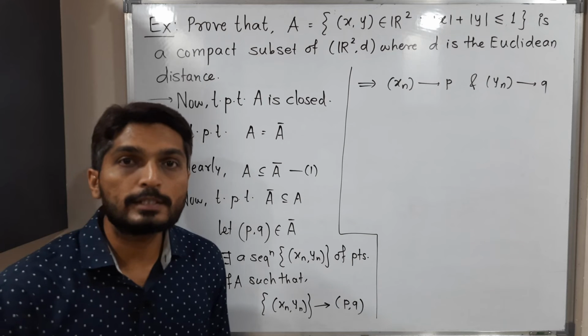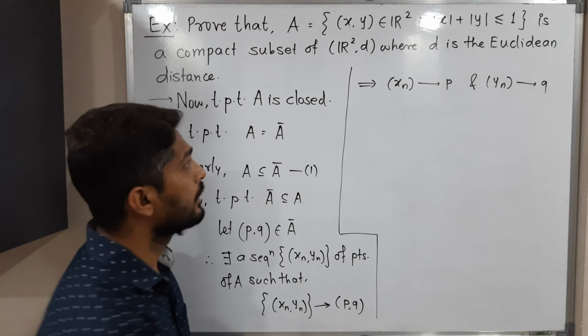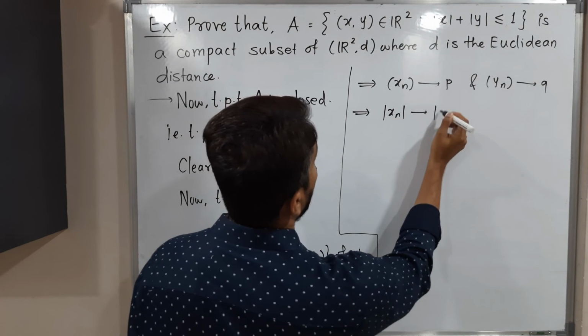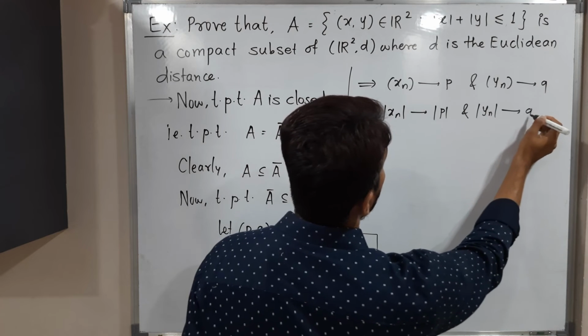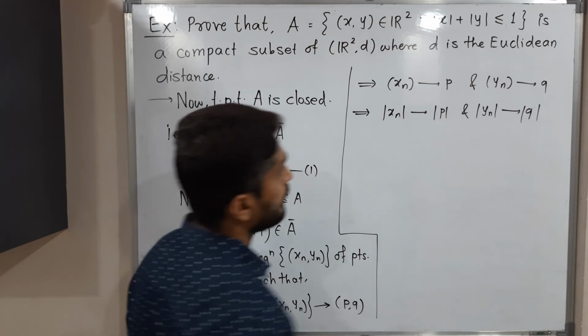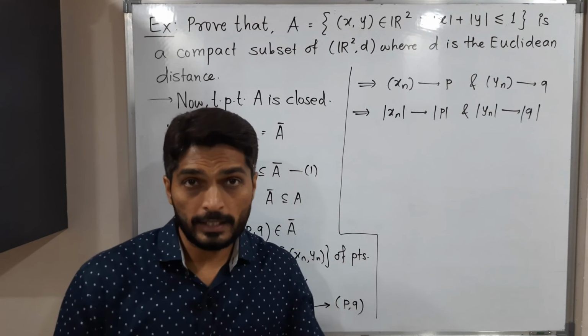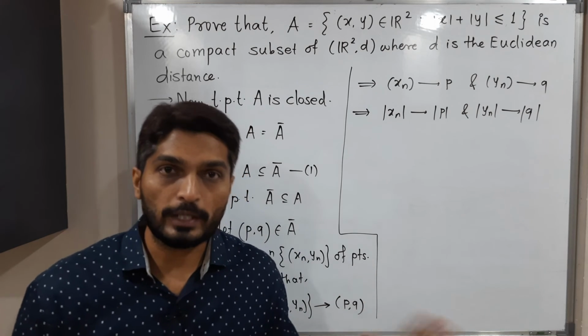If you take mod of xn, it converges to mod p, and mod of yn converges to mod q. If xn converges to x and yn converges to y, then their sum xn plus yn converges to x plus y.